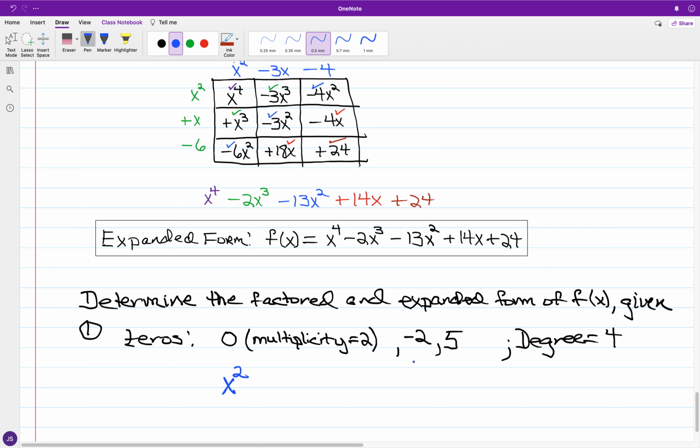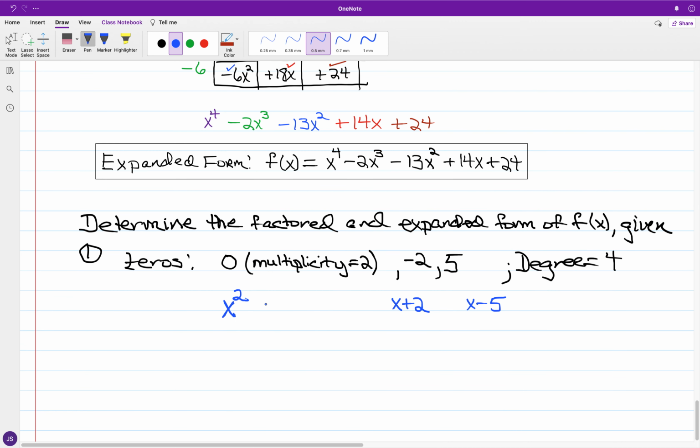For negative 2, we can say that will originate from x plus 2. And as for 5, we can say this comes from x minus 5.